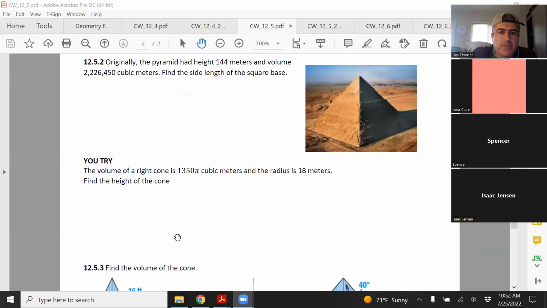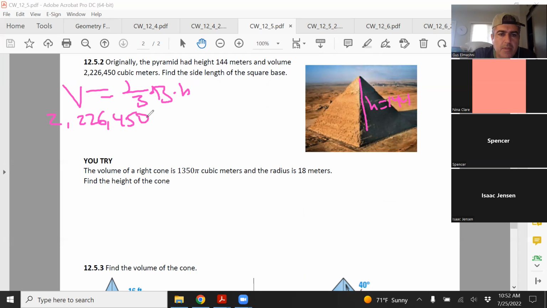Okay, so here you have a pyramid, probably looks like the pyramids in Egypt. So height is 144. V equals 1/3 base times height. The volume is this: capital B and 144.